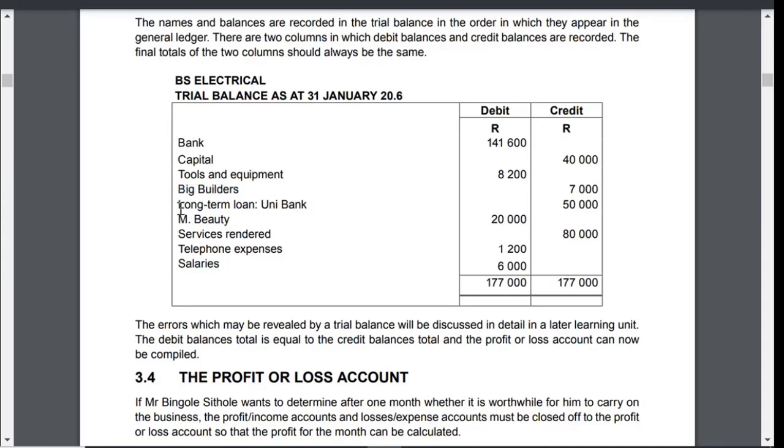Current liability. Long-term loan is a liability. What type of liability? Non-current liability. M Beauty is an asset. What type of asset? It's a current asset. This is income, this is an expense, and this is an expense.